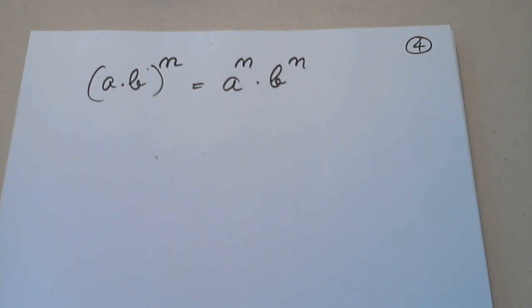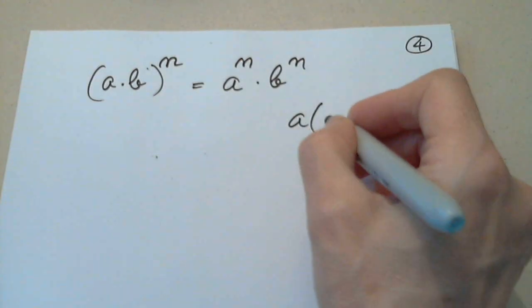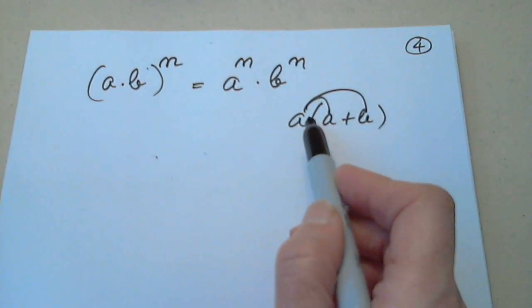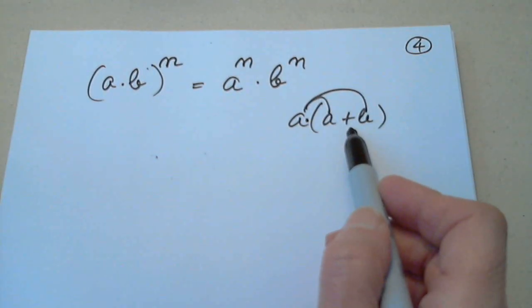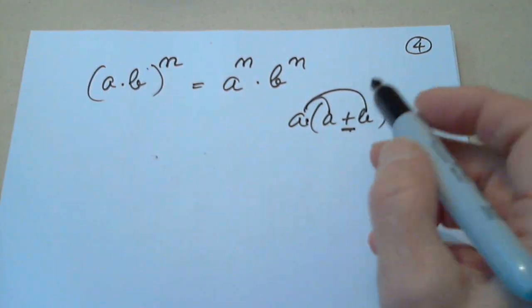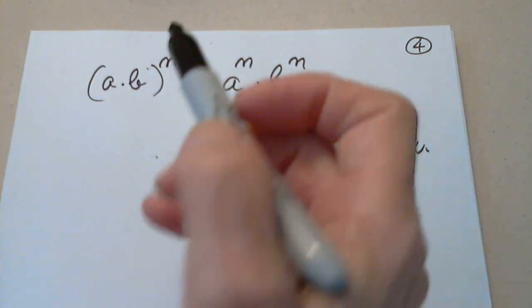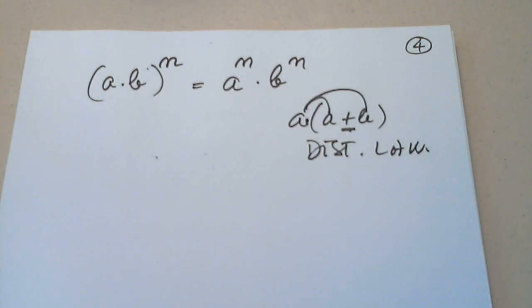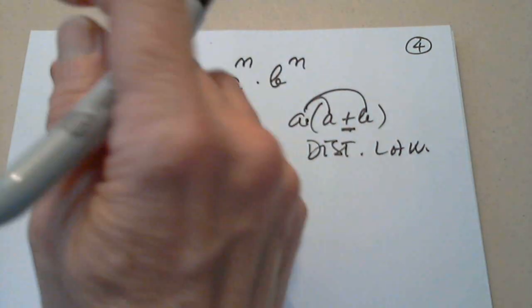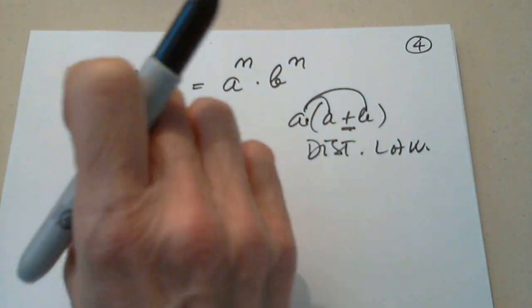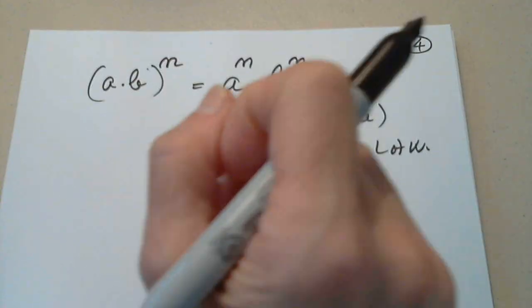No, no, this is not the distributive law. This is the distributive law, and it requires multiplication with addition or multiplication with subtraction. This is the distributive law. I'm not distributing the power to the 2 factors. No. I'm raising a to this power multiplied by b raised to this power.